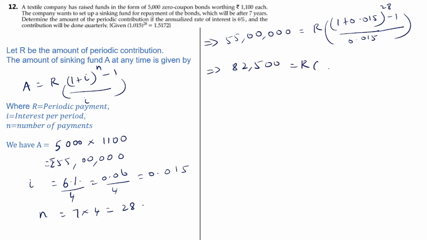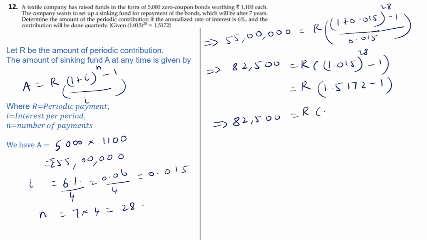This is equal to R into 1.015, the whole raised to 28 minus 1. 1.015 the whole raised to 28 is 1.5172 minus 1. So we get 82,500 is equal to R into 0.5172.